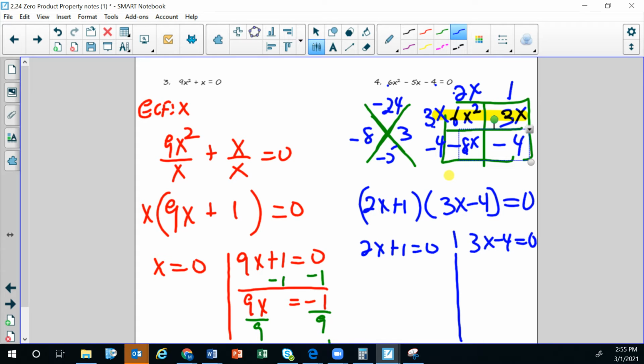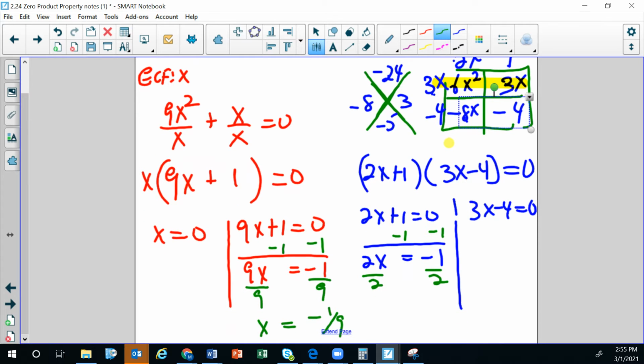If I subtract 1 on both sides, that's going to give me 2x is equal to negative 1. And then I divide both sides by 2, and I'm left with x is equal to negative 1/2.